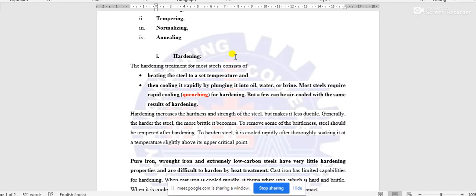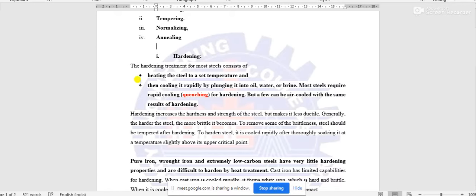Hardening, as the name itself refers, imparts an improved value of hardness to steel. Hardening is one of the processes of heat treatment.